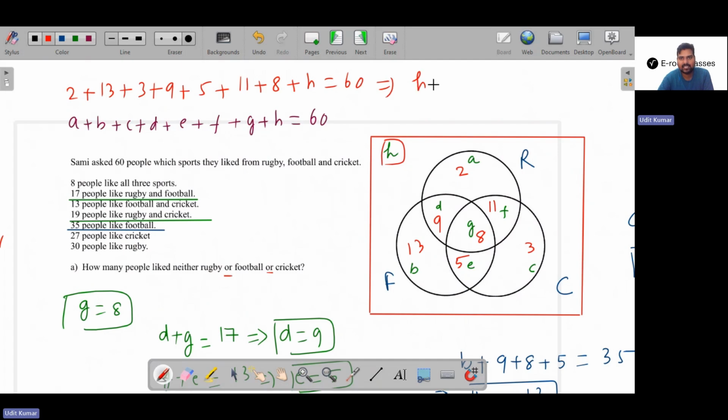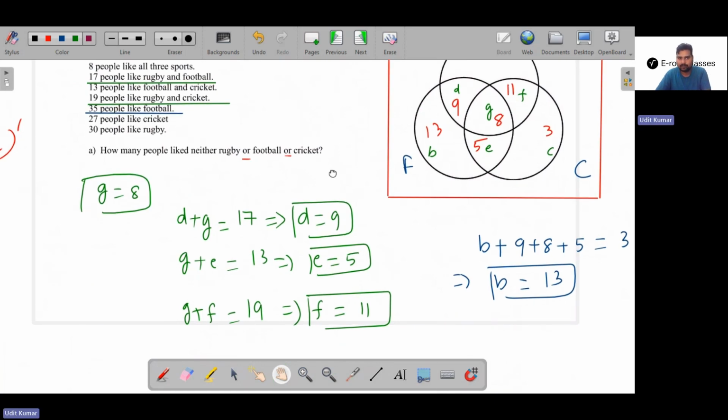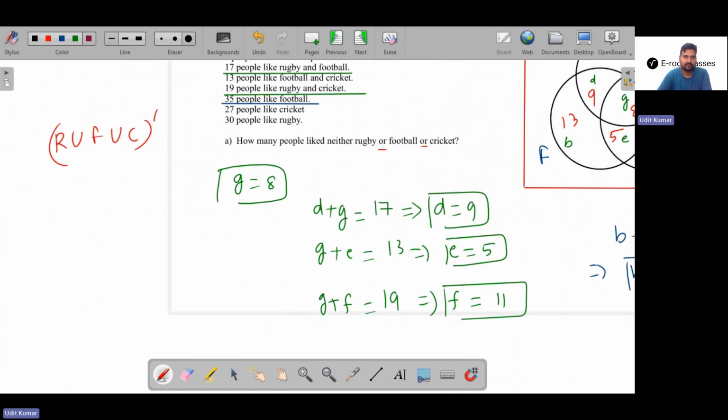It implies that H should be equal to, now you just add them all, 2 plus 13 plus 3 plus 9, 5, 11, 8, right? And subtract from 60. So you will get 9. This H is 9. Therefore, there are 9 people who neither like rugby, football, or cricket. So the value of this is 9, and that is your answer.